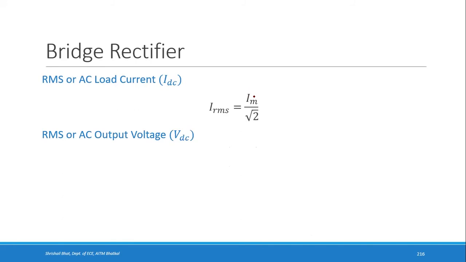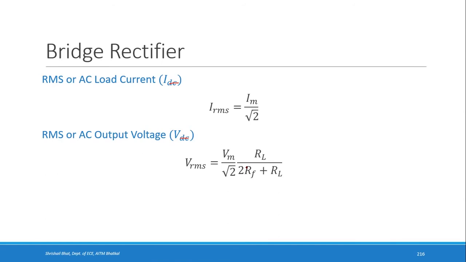Similarly, RMS or AC value of output voltage, VRMS. Here it is VRMS, not IRMS. So VRMS is Vm by root 2 into RL divided by 2 RF plus RL. That's the change.